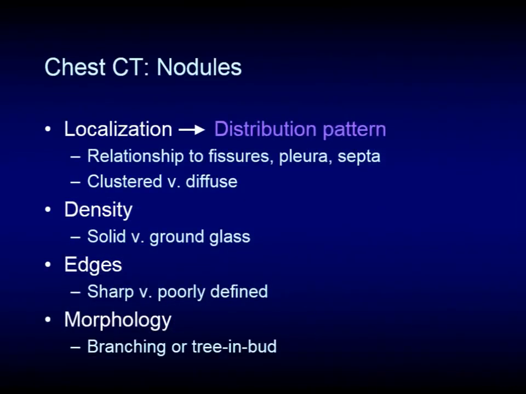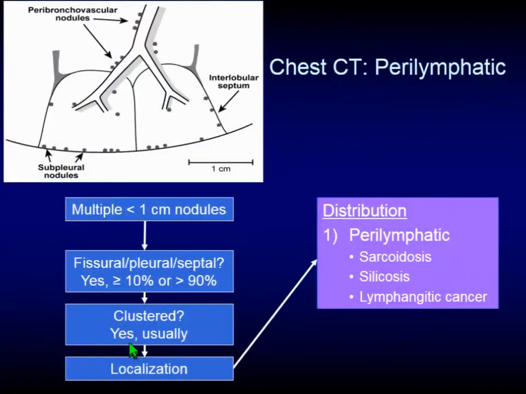So in addition to the distribution and localization, sometimes the morphology of the nodule is important, the density. How dense is it? Is it small, dense, or soft tissue as opposed to more ground glass? What are the edges like? Are they sharp or ill-defined? And what's the morphology? Are they branching, or what we call tree-in-bud?